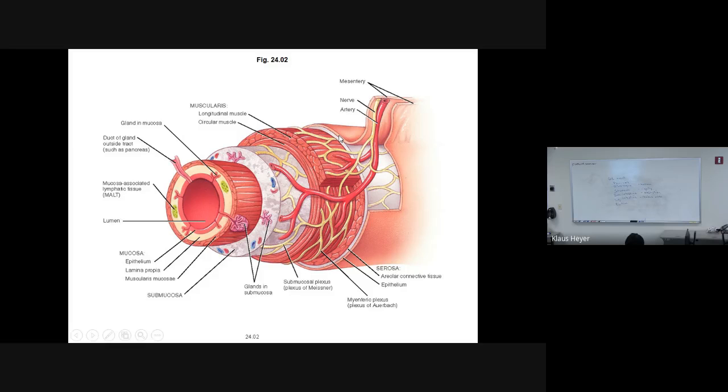There's nothing important to say about it. It could be elastic. I imagine there are elastic fibers in here, but I don't know for sure. It's not a big thing to know. So you'll hear people talk about connective tissue kind of generically. That's fine. So anyway, those will be 4 layers.